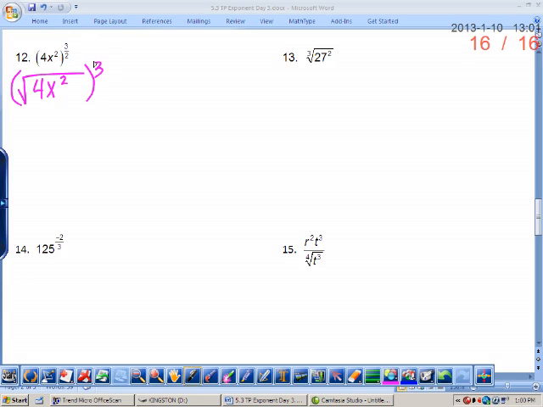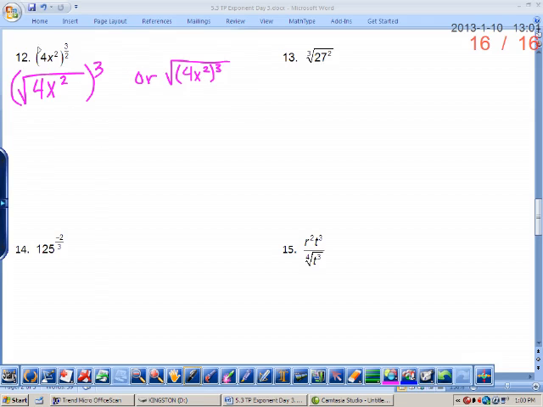Would that be, if you wrote it the other way, would you just put the 4x squared in parentheses and put the 3 under it? Just like that. Yeah, okay. Thank you. All right, so you can work these either way. It's up to you.